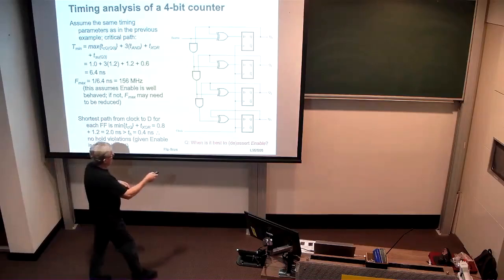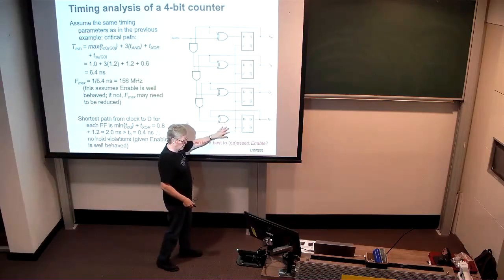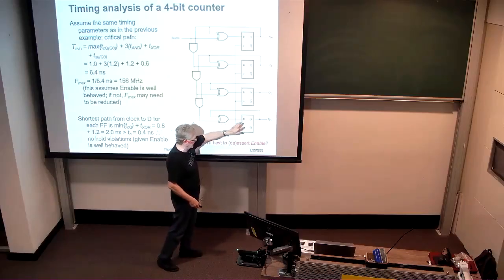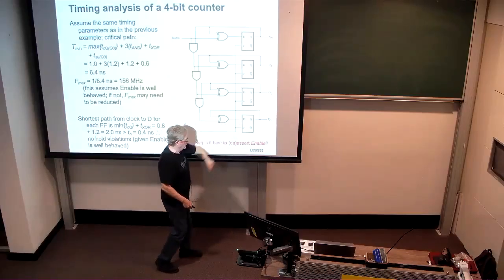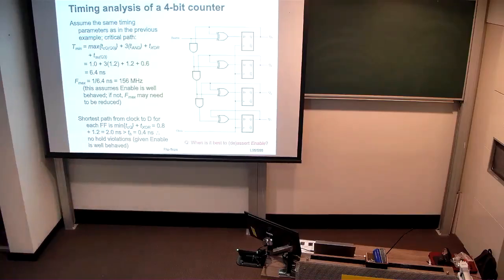What about down the bottom? We've got 3 AND gates plus the exclusive OR gate, that's 4.8 nanoseconds plus the 0.6. We've still got plenty of time for the lower one as well. So coordinating the enable with the clock seems to be fine. Changing it at 0 time seems to be acceptable.